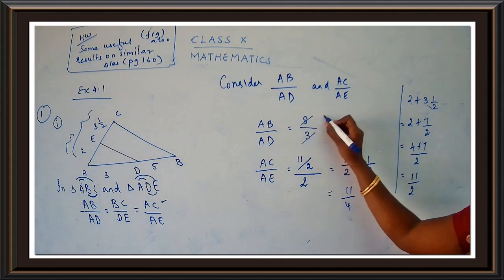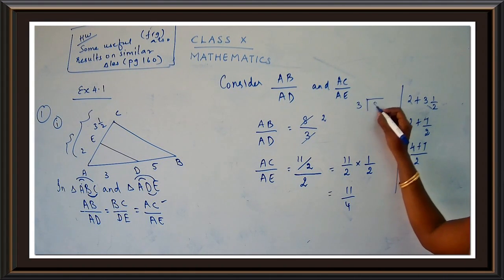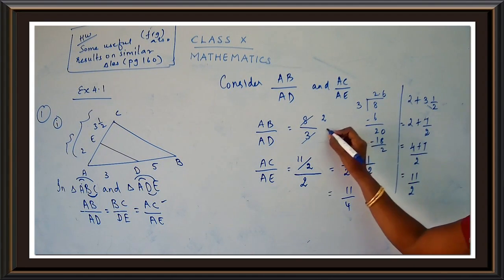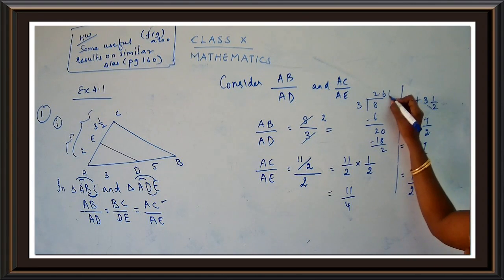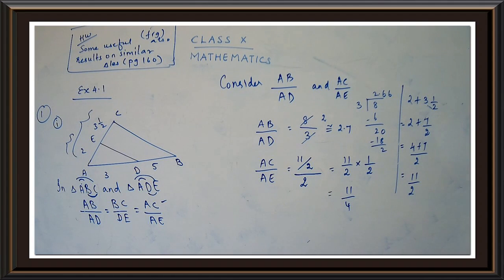3 1s are 3, 3 2s are 6, 2 left. 3 6s are 18, 2 left. It goes on. So it's approximately 2.7. You can put here approximately 2.7.